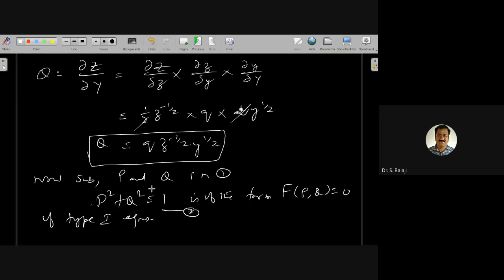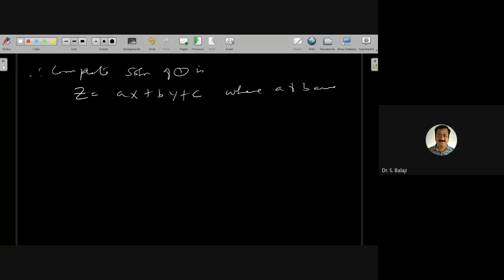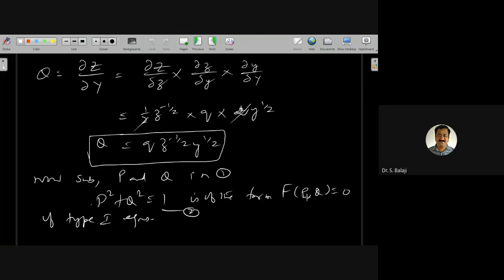So the complete solution. Because capital F of P, Q is type 1, you will write the complete solution in terms of capital letters here: capital Z equals capital A X plus capital B Y plus C, where A and B are related by capital F of A, B equal to 0. What is capital F of A, B?